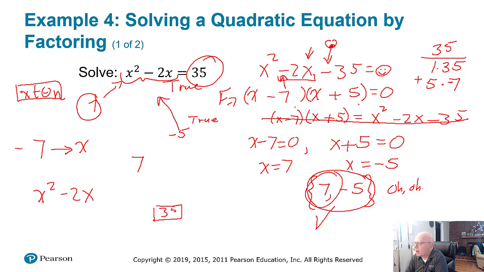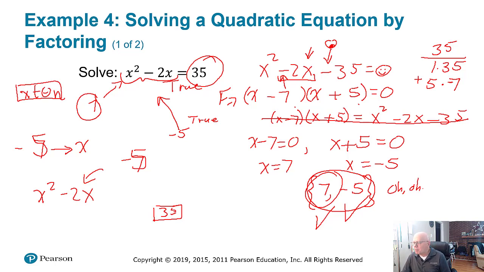Next, you go back up here, put the -5 into x, type this back in again. Again, you should get a 35. If you get a 35 that time, then this one is good as well. A quick way to double check.